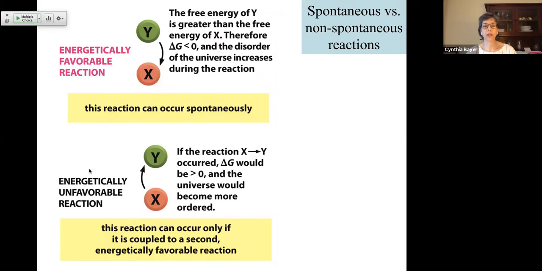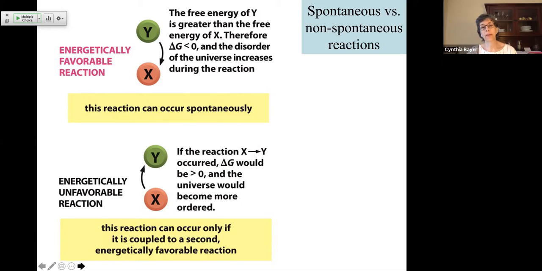And that reaction of X to Y, this non-spontaneous reaction, can only occur if it's coupled to a second reaction that is energetically favorable. And so we will be talking about some of these types of energy requiring reactions and how it is that they can be driven forward by being coupled to a second spontaneous energetically favorable reaction.